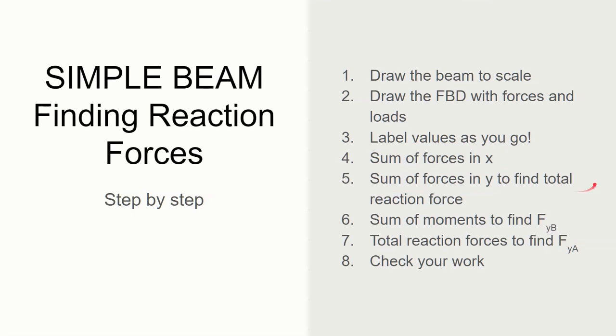The sum of the forces in Y, we're going to find the total reaction force. And then the sum of the moments to find the reaction force at point B. And then with the total reaction force, we can find the reaction force at point A. And then we can check our work to make sure all of our acting forces indeed equal 0. And that is how you solve a simple beam to find reaction forces.